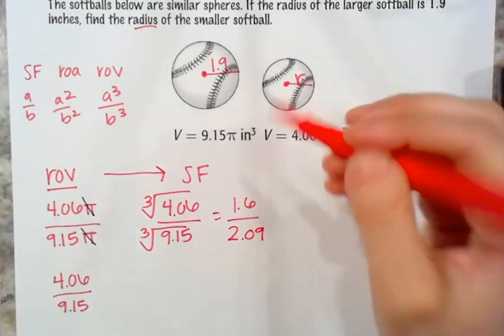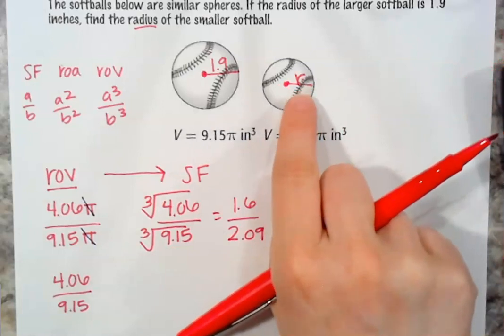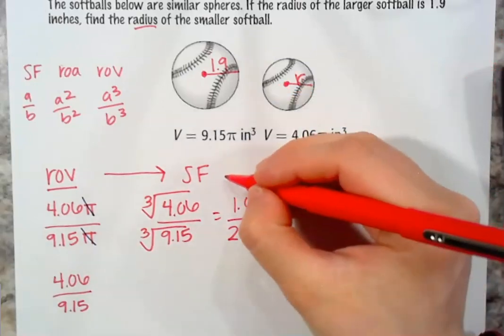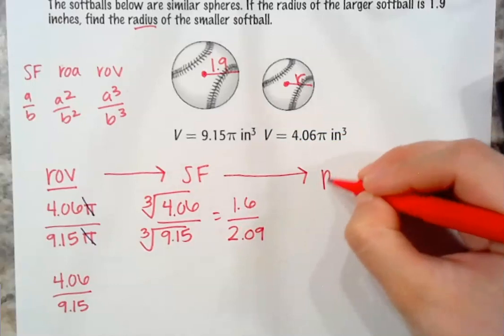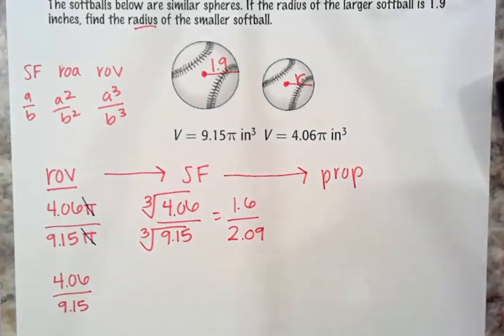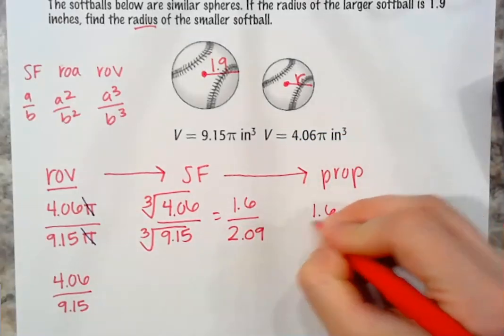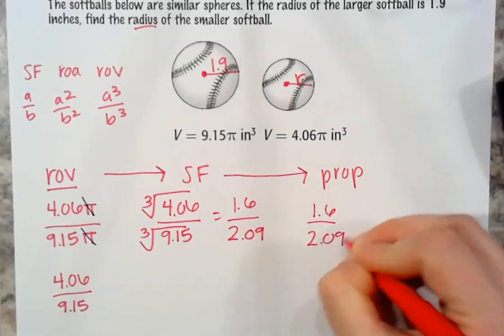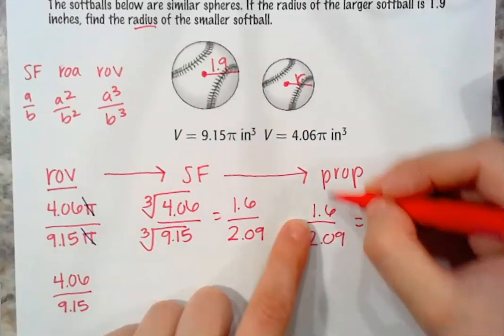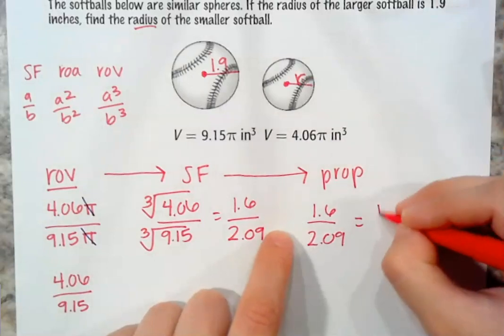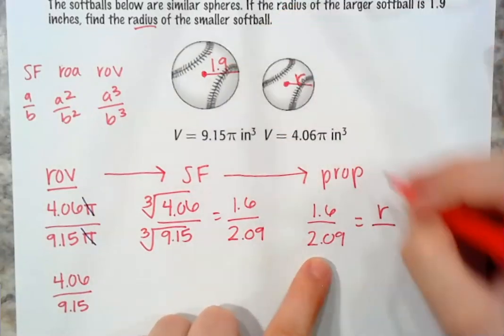And then from here, we want to find this missing radius. So I'm hoping you're thinking, proportion. I can write a proportion to find it. You can. So 1.6 over 2.09. 1.6 corresponds to the smaller one, which is r. 2.09 corresponds to the big one, which is 1.9.